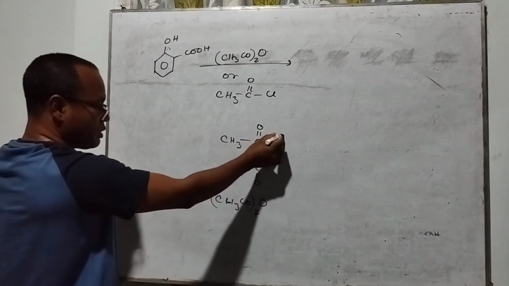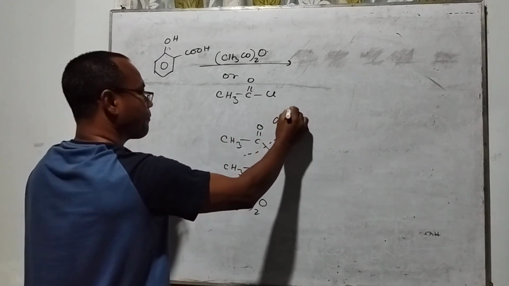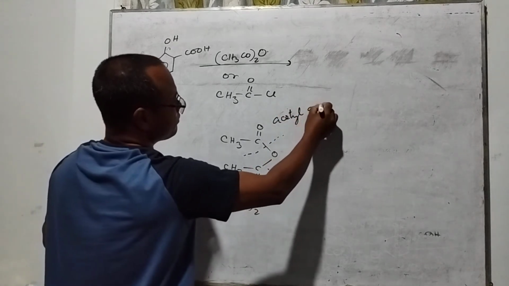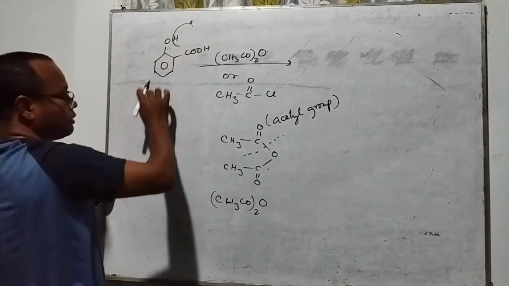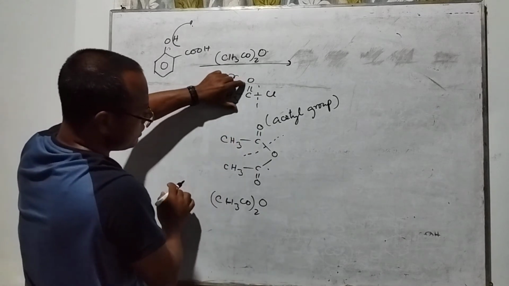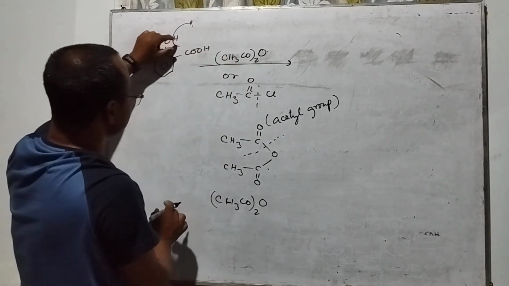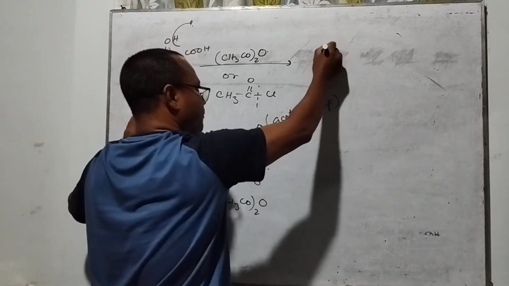Now this part is what we call the acetyl group. This acetyl group replaces this hydrogen, right? Similarly, this is the acetyl group, and this acetyl group replaces this hydrogen, right? It forms a compound like this.